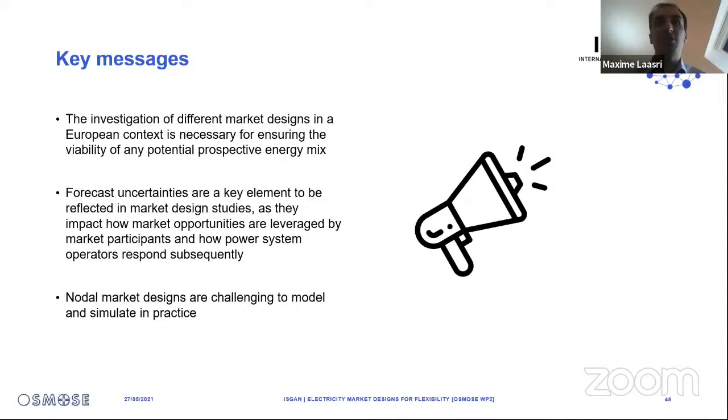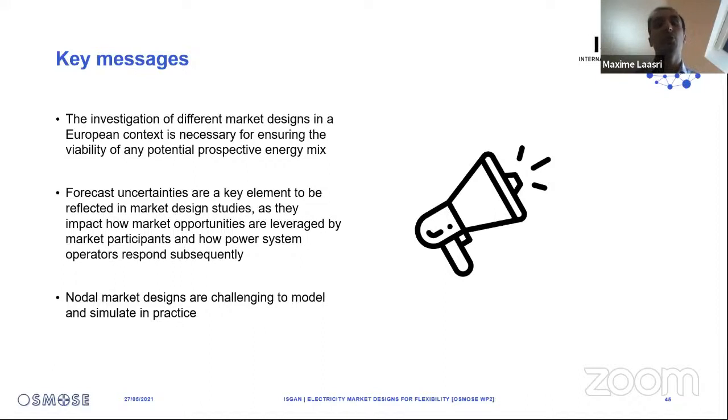The second key message here would be that forecast uncertainties are very important to be reflected in market design studies as well. As you could see from Florian's charts, but Sandrine's charts as well, the way that uncertainty unravels as you get closer to real time is a very important factor in how market participants respond and how power system operators respond to the flow of information.